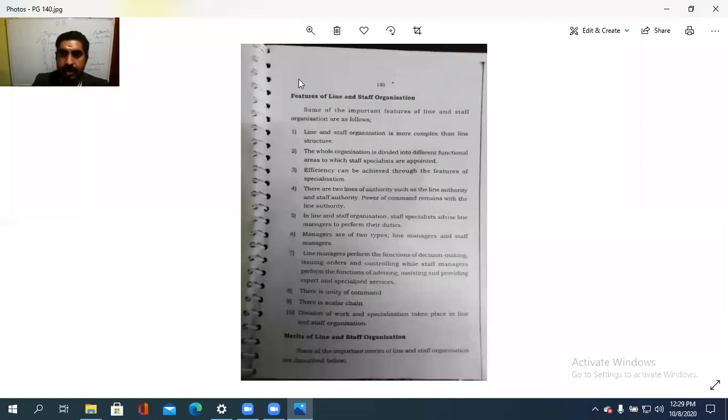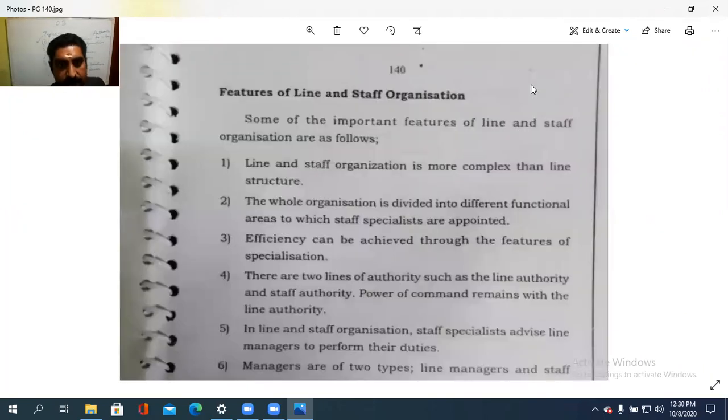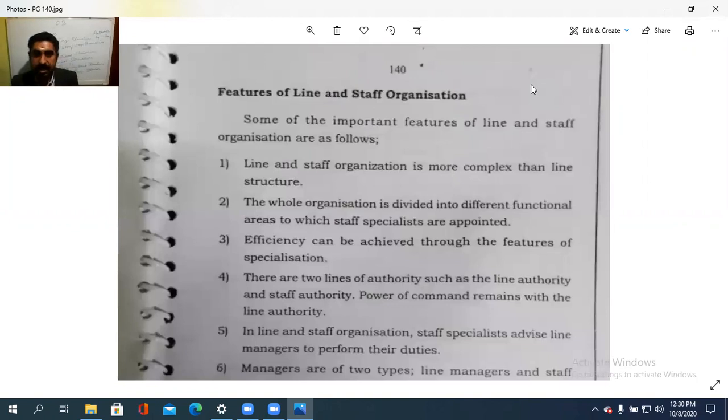So we see the line and staff organizational structure. Under that, what are the features with regard to line and staff organization structure? It is more complex than line structure because advice is given. So it is more complex than line organization structure.